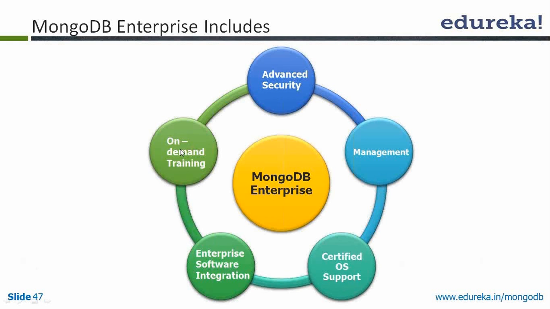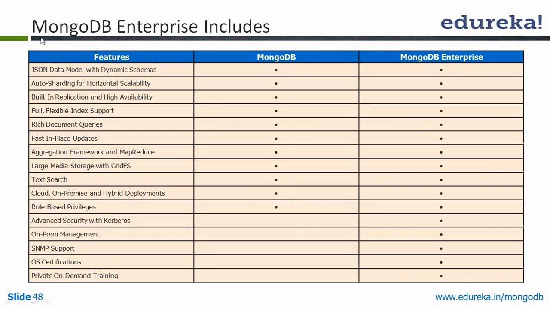But these things will not be there along with your free foundation. Here you can refer, I have listed it out. These are the things which are extra in MongoDB Enterprise. So what is that, guys? Advanced security with Kerberos, on-premise management, SNMP support, OS certification, private on-demand training.